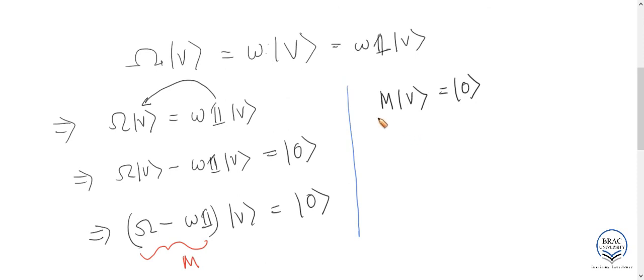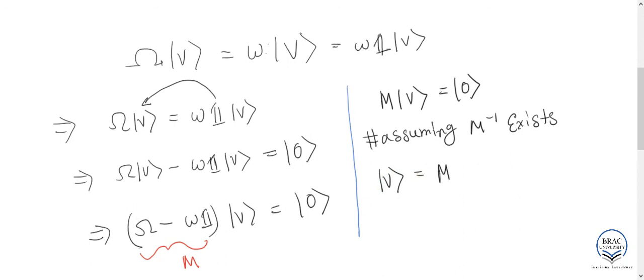So assuming M inverse exists, we can do the following. We want to solve for these v's first. So this will just be M inverse acting on the null vector or the 0 vector.